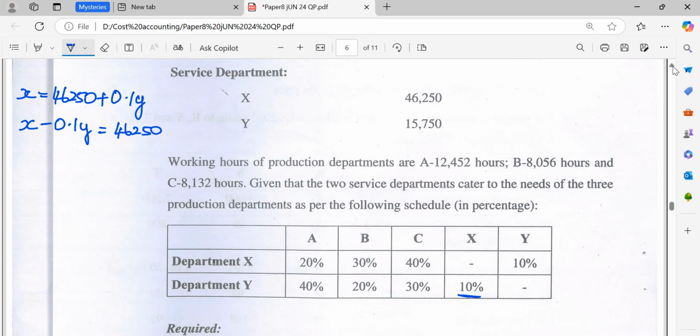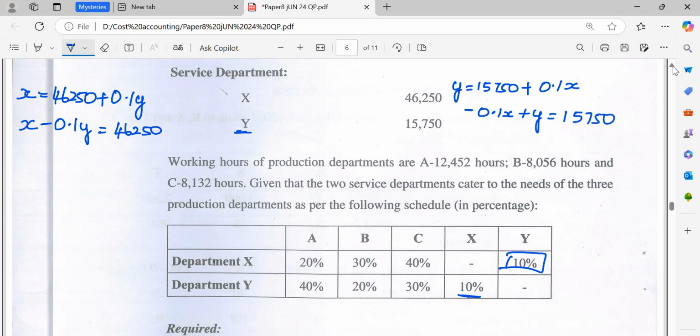Then again I am going to formulate another equation for department Y. Y is equal to 15,750, already I have the overheads, plus I will be getting 10% share from X, that is 0.1 X. Again bringing this X here, minus 0.1 X plus Y is equal to 15,750.